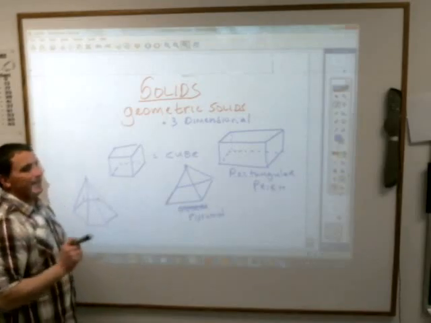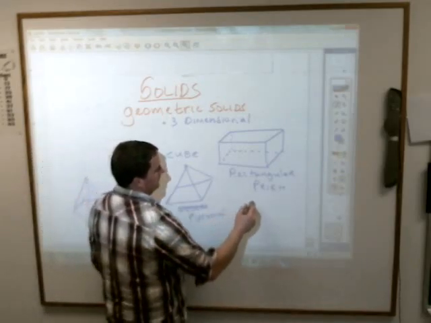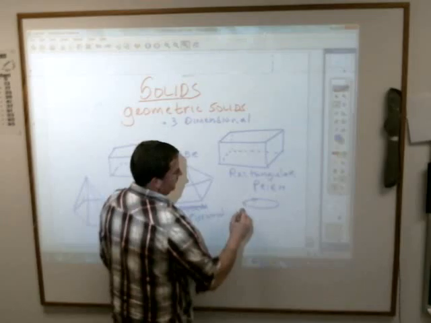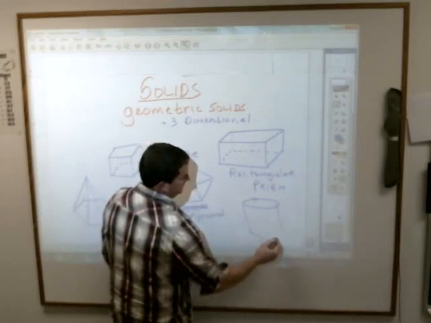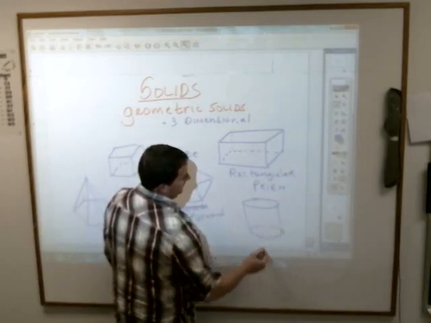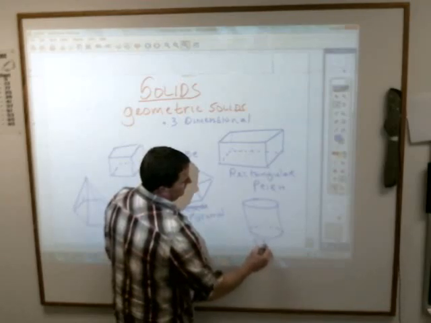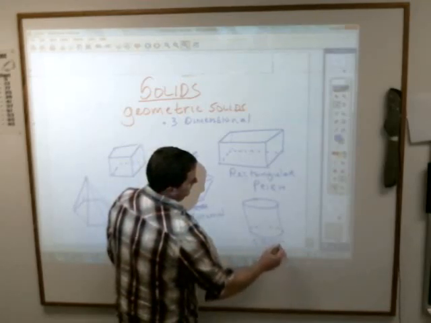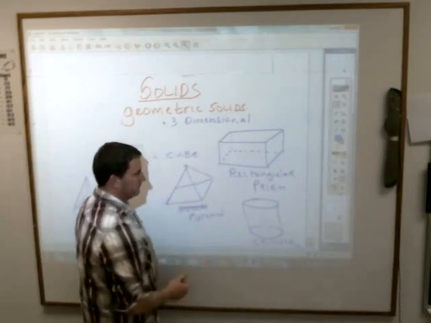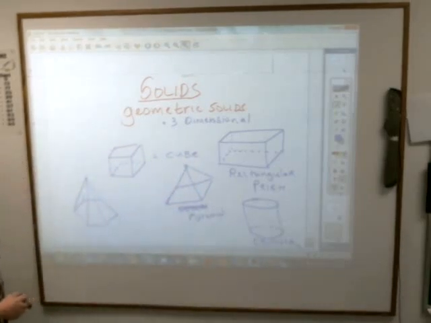Then we have a can shape. Somebody know the mathematical word for a can? A can is not a sphere. A can is a cylinder. Okay.